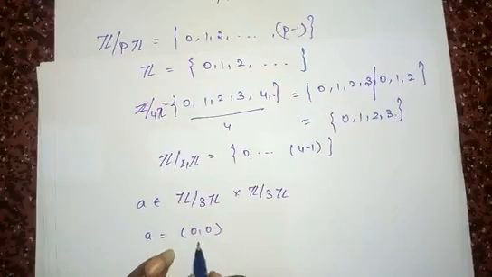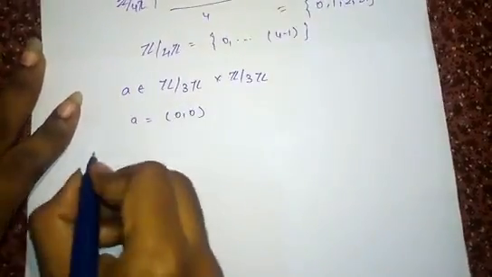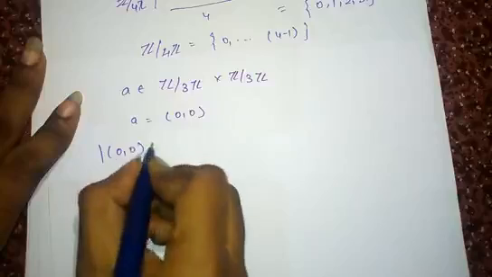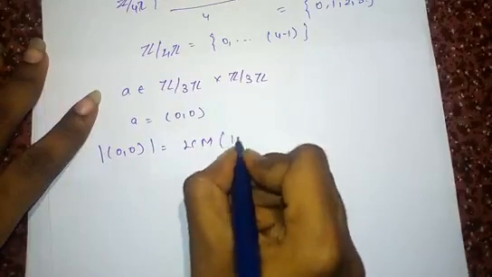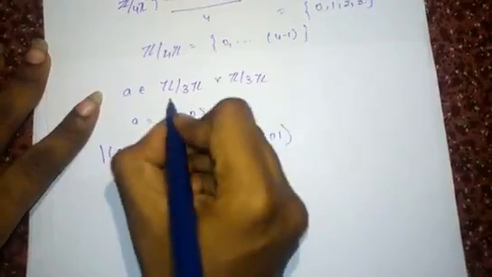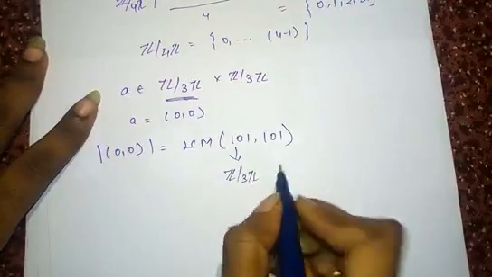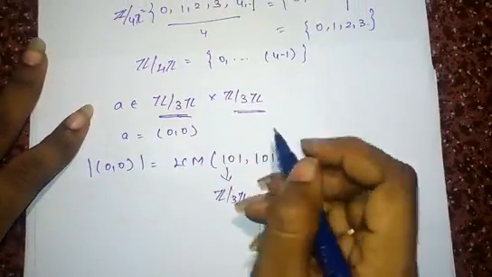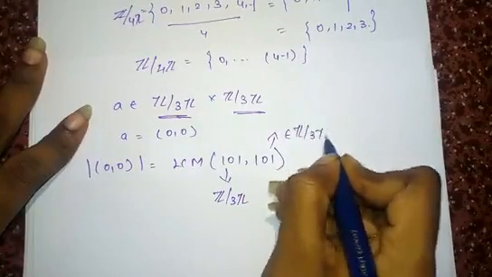I'm going to find the order of 0 comma 0 here. The order of 0 comma 0 is the LCM of the order of 0 and the order of 0. This 0 belongs to the first Z modulo 3Z, and this 0 belongs to the second Z modulo 3Z.